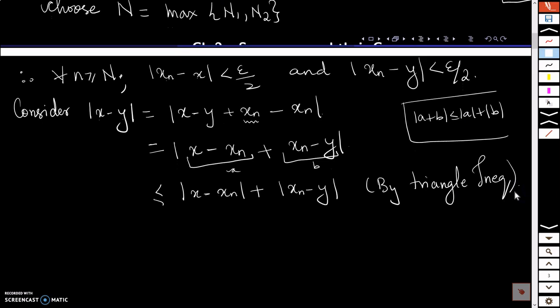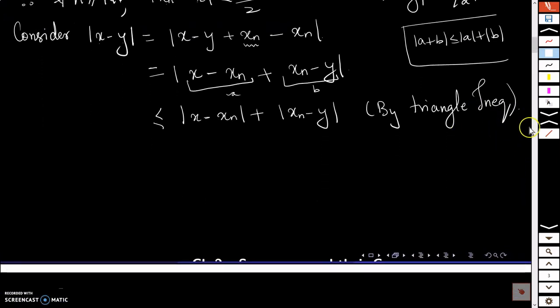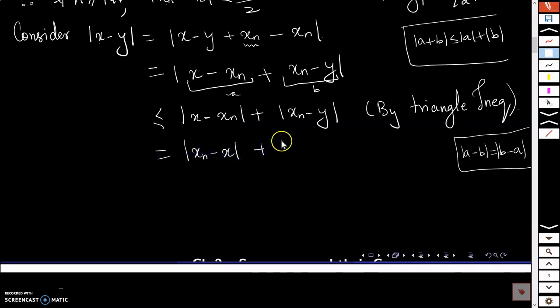Fine. But I know that modulus of a minus b is the same as modulus of b minus a. This result I know, right? So I can interchange these two. Xn minus x, I can write it, and the other one I will keep as it is.